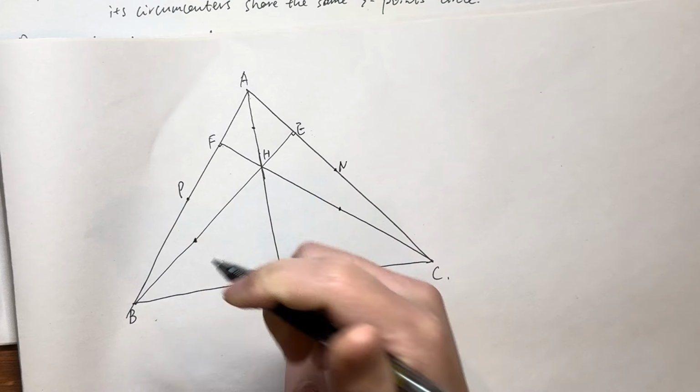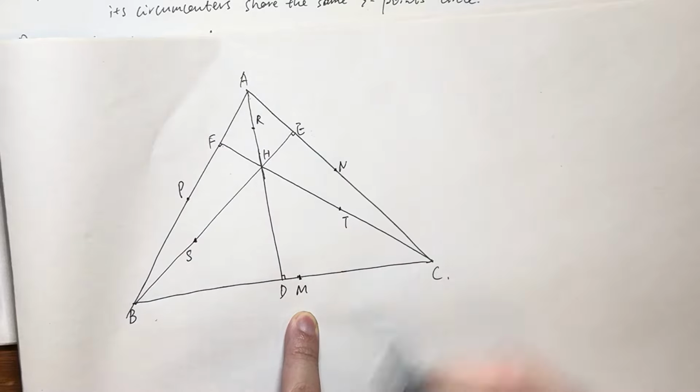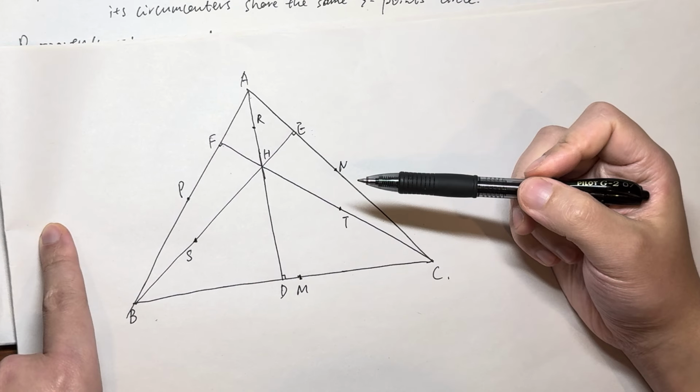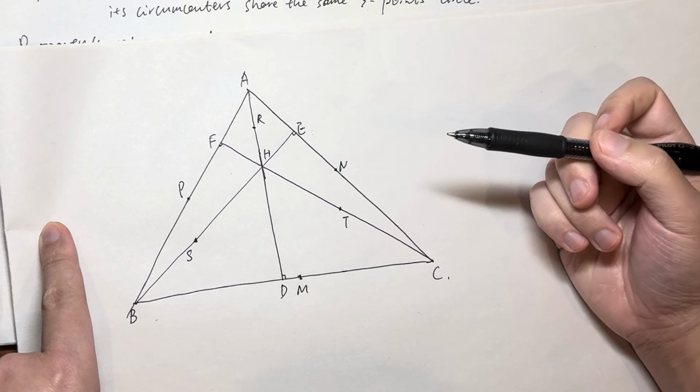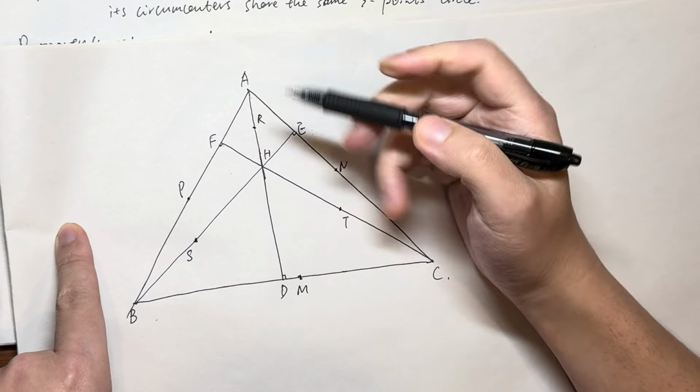P, S, T, R. Okay. Now we want to find the centroid of triangle ABH.